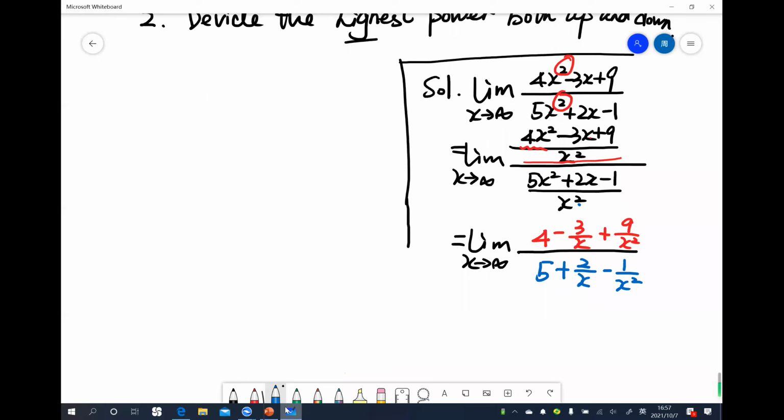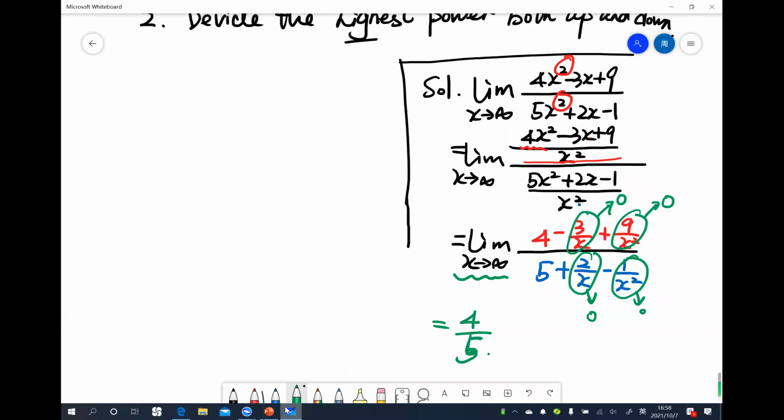And then as x approaches infinity, this part approaches 0, this part approaches 0, and this part approaches 0. So the result is 4 by 5. So this is the result of this question.